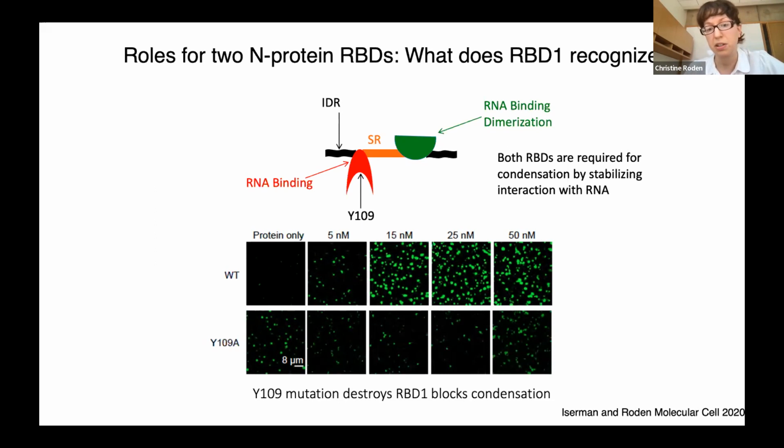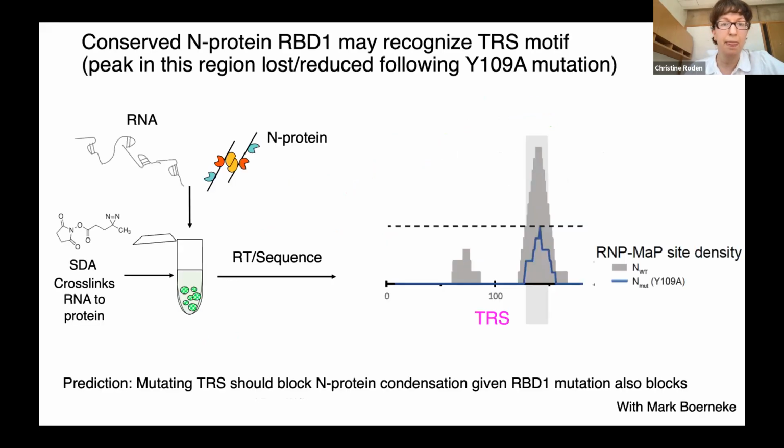So what I'm showing you here is images of the condensation assay. In the green is N protein in this case. So the wild type protein is able to form these condensates with increasing amounts of RNA, but the mutant protein fails to undergo condensation.